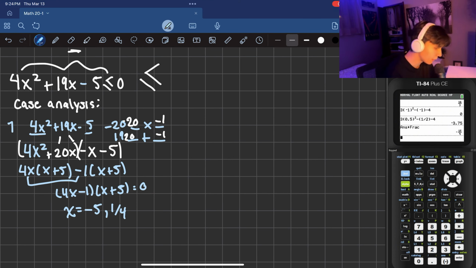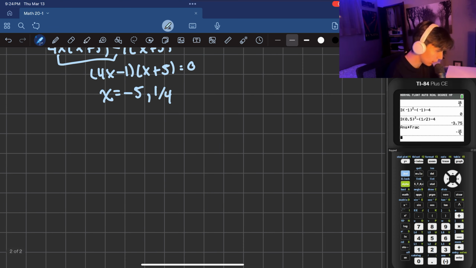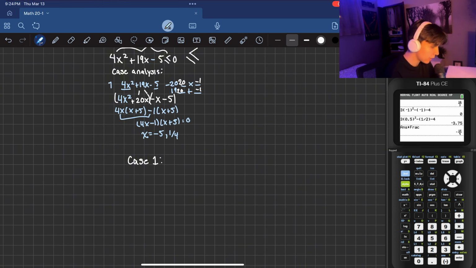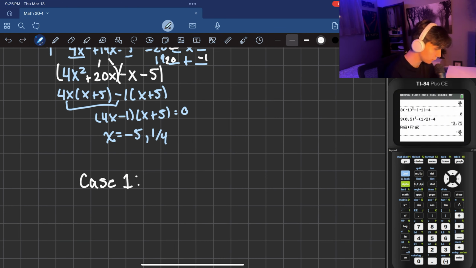Okay, now that we've found our roots, we can start doing case analysis. So case analysis is just saying, remember, we have our negatives, right? We have our whole equation, and it's going to be a negative outcome because we have it less than 0.